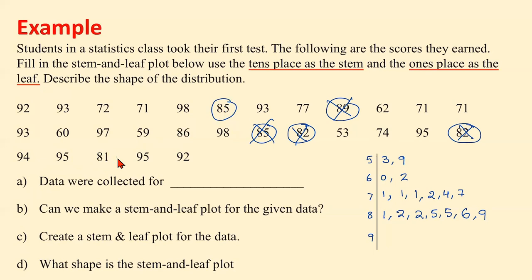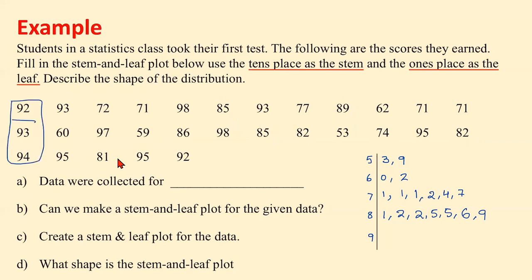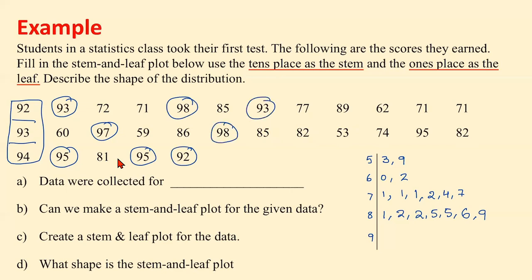Similarly, let's look for the numbers in 90s now. Here we have all numbers in 90s. Here is the other number in 90s. That is 97, 95, 92, 98, 98, 93, and then 95 here.